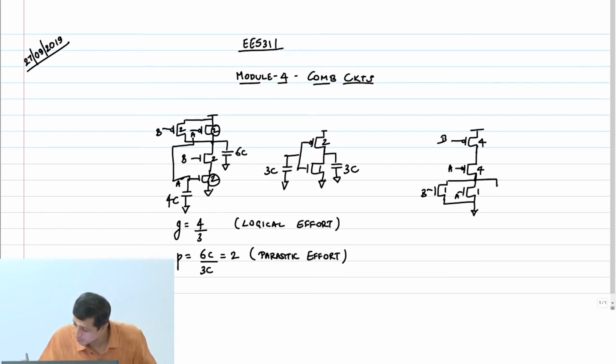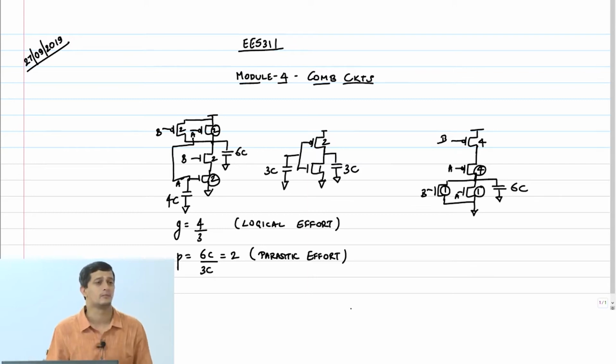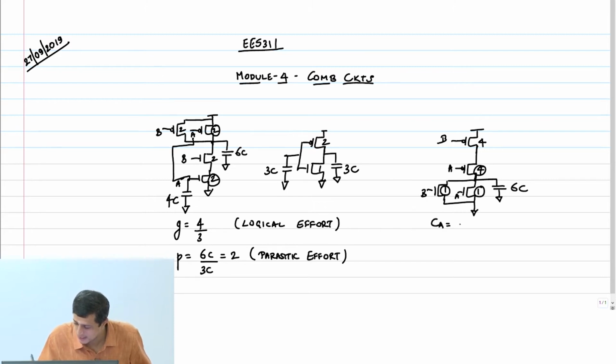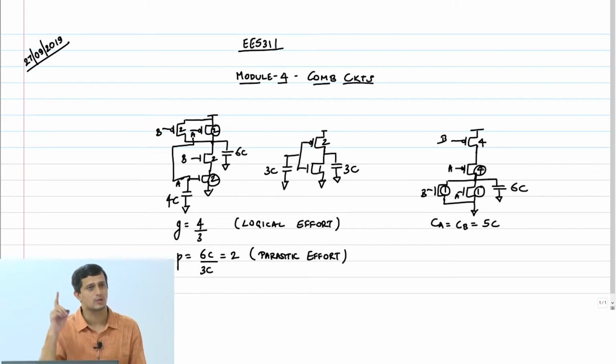What's the net output cap? Again 6C. 4 coming from here, 1 coming from each of these. 6C is the output cap. Capacitance CA equal to CB equals how much? 5C. 4 coming from PMOS, 1 coming from the NMOS.